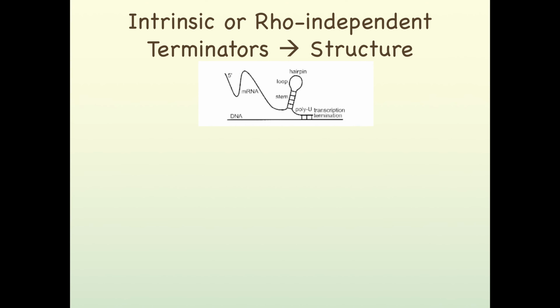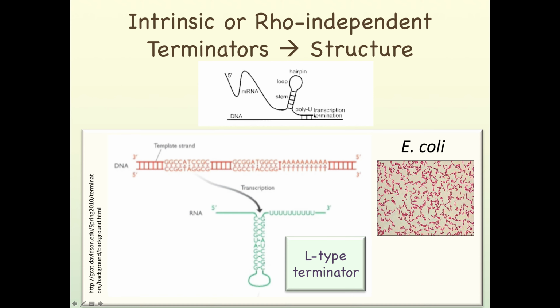So with intrinsic or Rho-independent terminators, the termination is all dependent upon the RNA sequence itself, and the RNA sequence allows secondary structure to form that will terminate transcription. So let's talk about how this works.